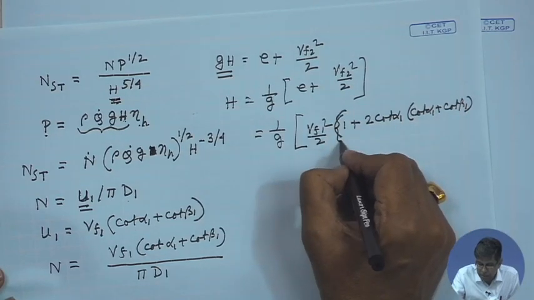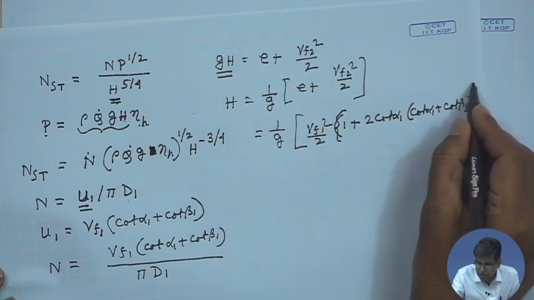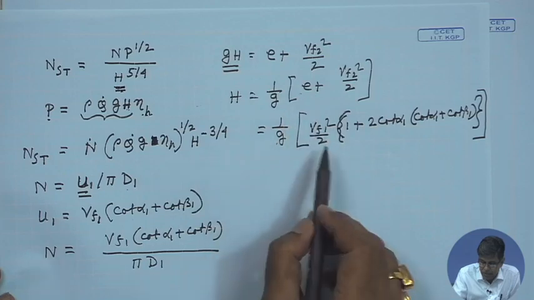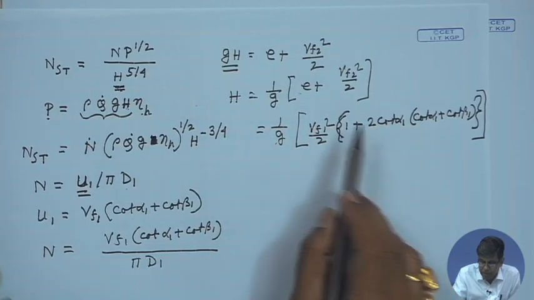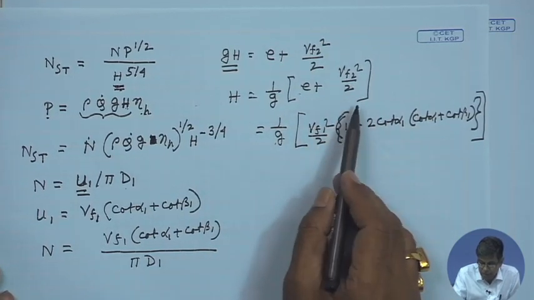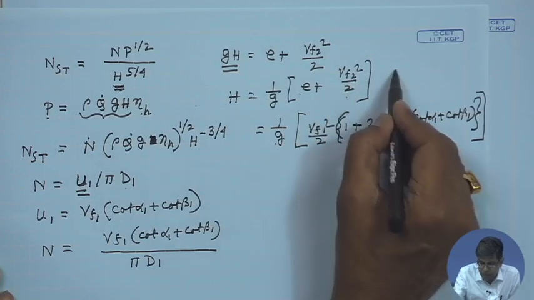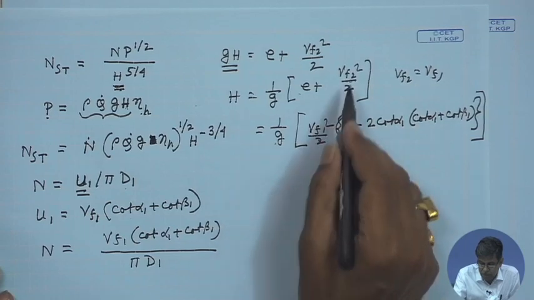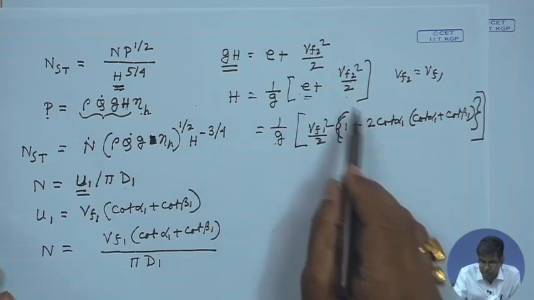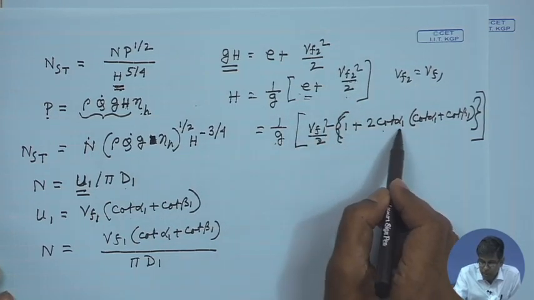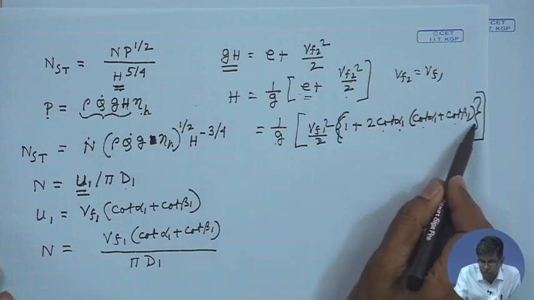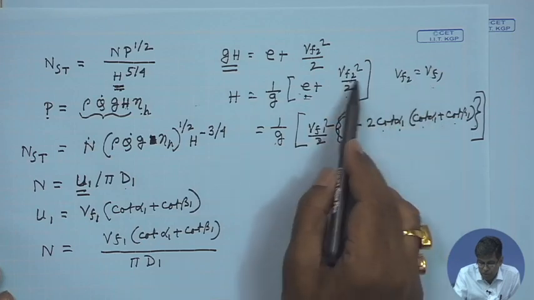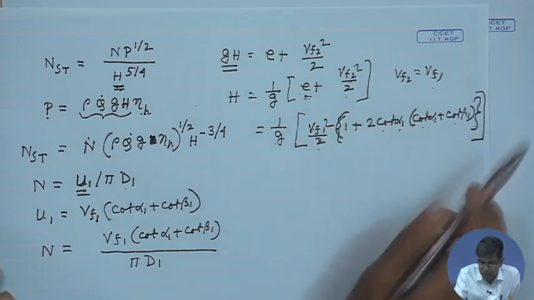This you can make a second bracket, and this is third bracket. So, this is 1 by g. E is also Vf1 square by 2 plus, that is already we have taken Vf2 square is equal to Vf1, here we have used Vf2 is Vf1. So, this we have taken common, 1 plus the E is Vf square by 2 into cot alpha 1 into cot alpha 1 plus cot beta 1, already we derived earlier, and Vf2 is equal to Vf1. So, take Vf1 square common and then it becomes this.